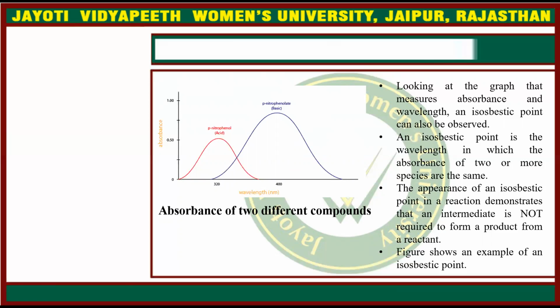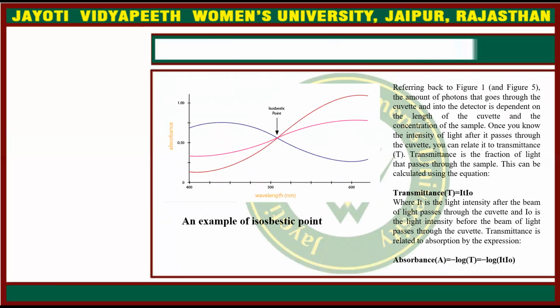The appearance of an isosbestic point in a reaction demonstrates that an intermediate is not required to form a product from the reactant. The figure shows an example of an isosbestic point. That is the isosbestic point where the absorbance at the wavelength is similar for all the compounds.